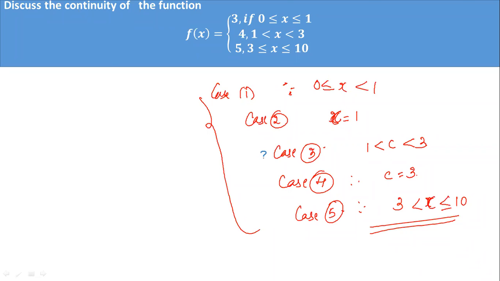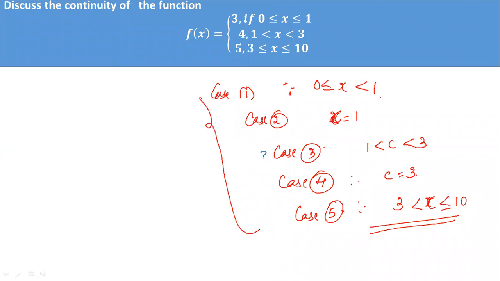What about case 2, whether it is continuous or not? Check properly, students. We'll see who will give me the proper answer.